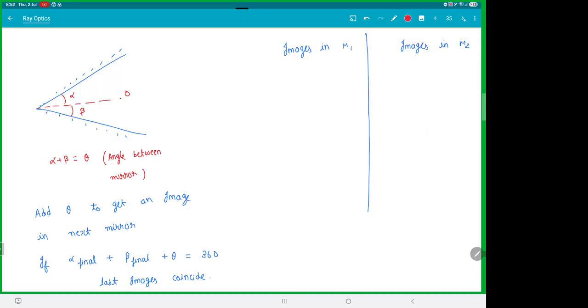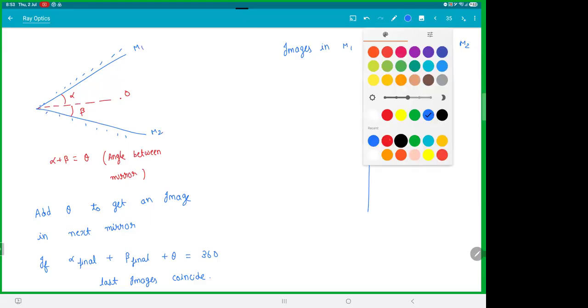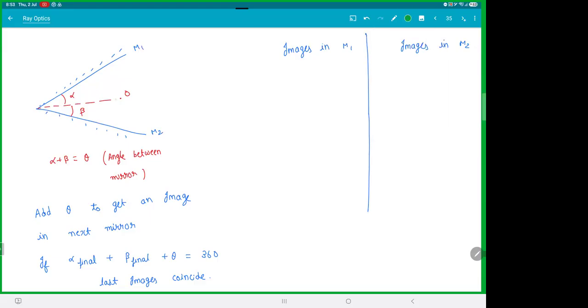First thing, let's call this M2 and M1. The first image in M1, where will it form? This is the object here. This will be your I1, and it will form at an angle alpha from the mirror M1. So we start here with an alpha. That means the first image in M1 forms at an angle alpha from the M1 mirror. Is the meaning of that making sense?